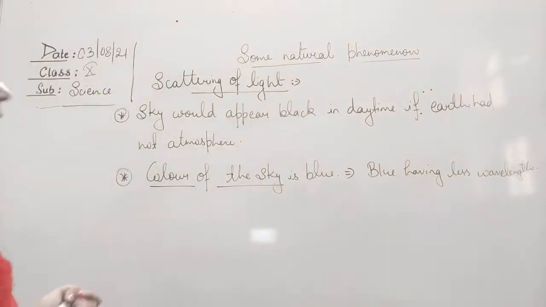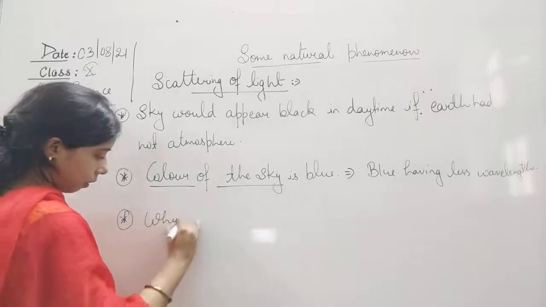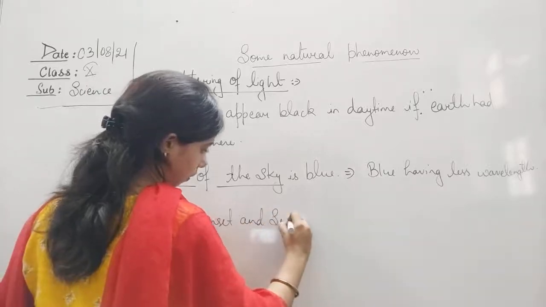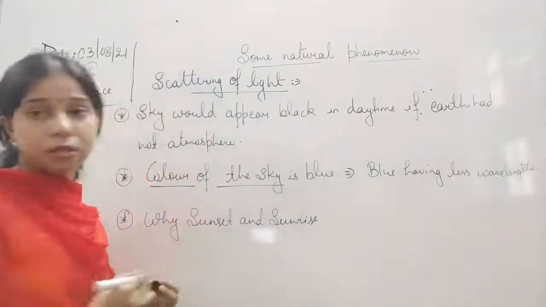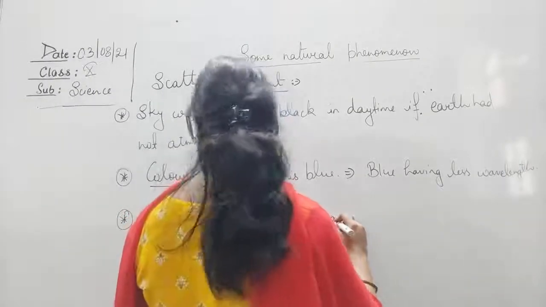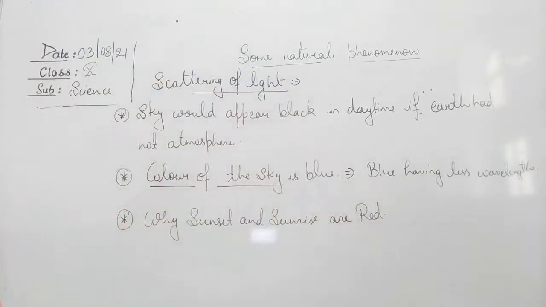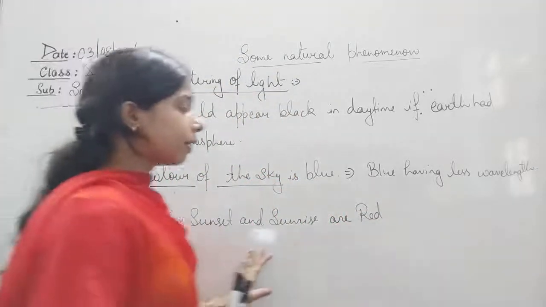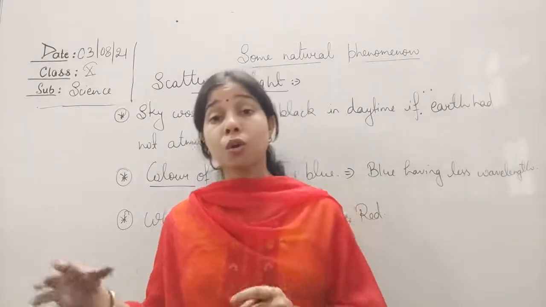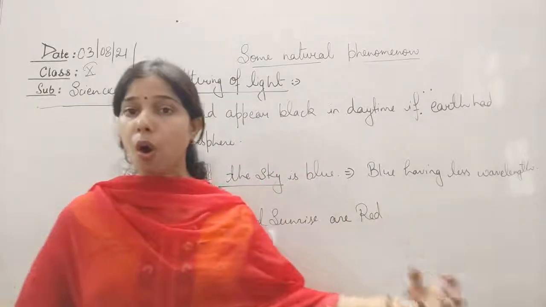Next one is, why are sunset and sunrise red? Why during sunset and sunrise does the sun appear red? The reason is, what happens during sunset and sunrise, students? At this time the sun is very far away from the earth's atmosphere, so the light rays which get scattered must travel a long distance.